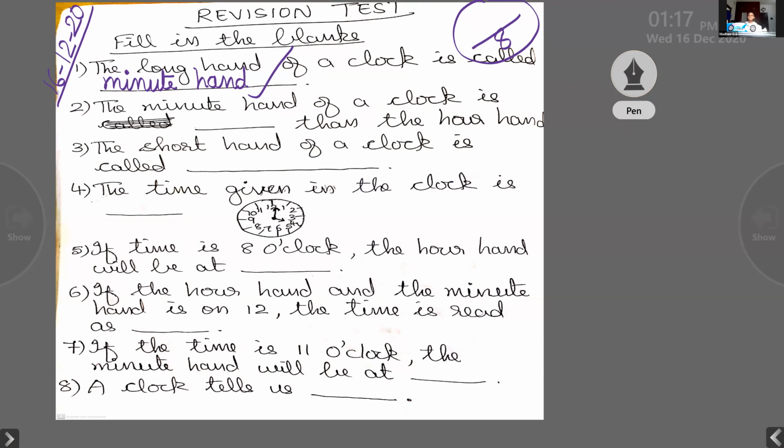F-A-S-T-E-R. Yes, faster. Okay, good. The minute hand of a clock is faster than the hour hand. Put a tick mark if it is correct.